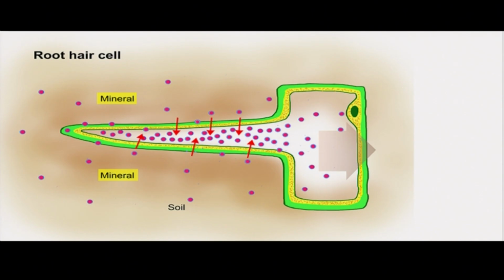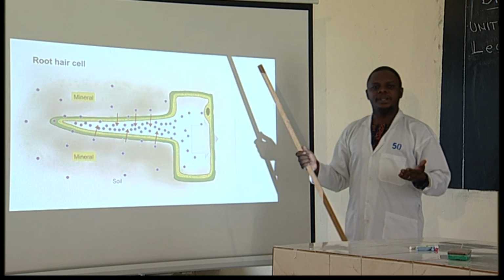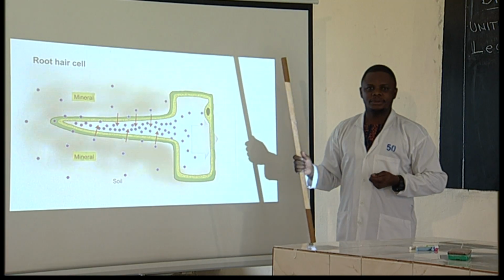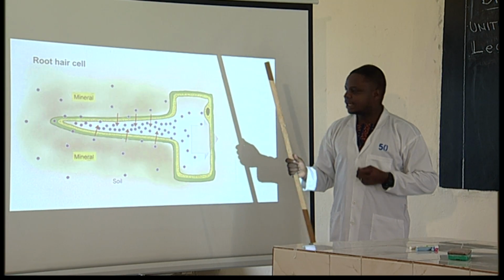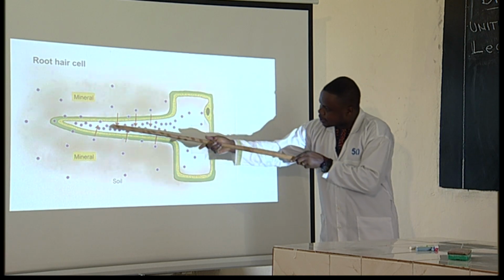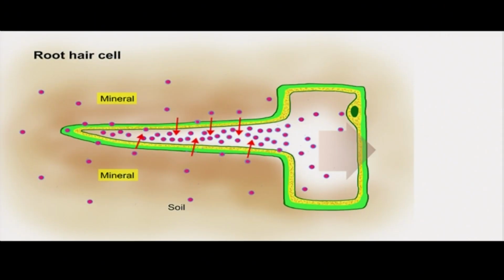Now, as you see here, we have red particles. Let us say these are minerals. Here we can give example of magnesium. We can give example of nitrates. And when you see those particles, they are highly concentrated inside the root hair cell.